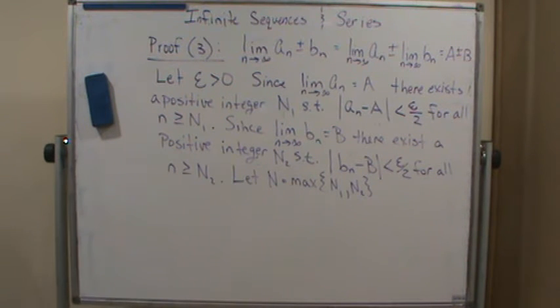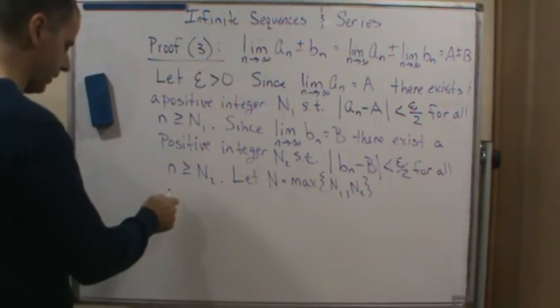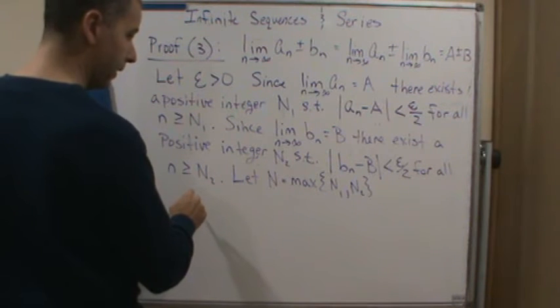And so what does it mean? It means that if I take the absolute value of the difference between both of these sequences, let's do the sum. It's the same thing with taking the subtraction, but I'll do the sum.